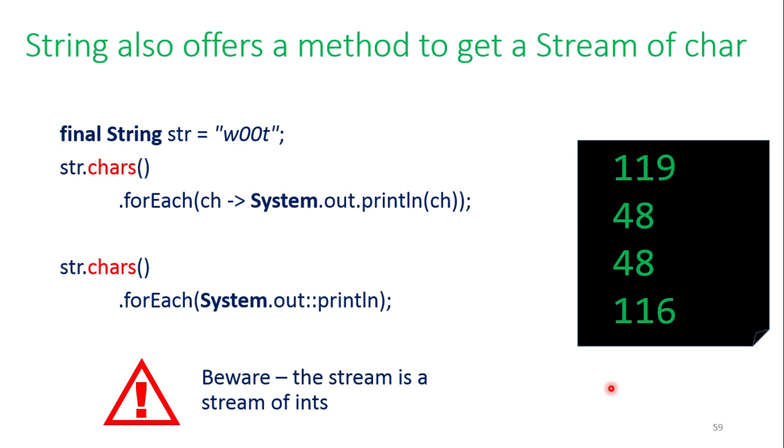So why did we get a stream of primitive data type int instead of a stream of primitive data type char? Well, we discussed already in the previous sessions that the traditional stream that we have been using all along is meant to be a stream of reference data type, so a stream of objects, okay? Now, there are other alternative streams available.